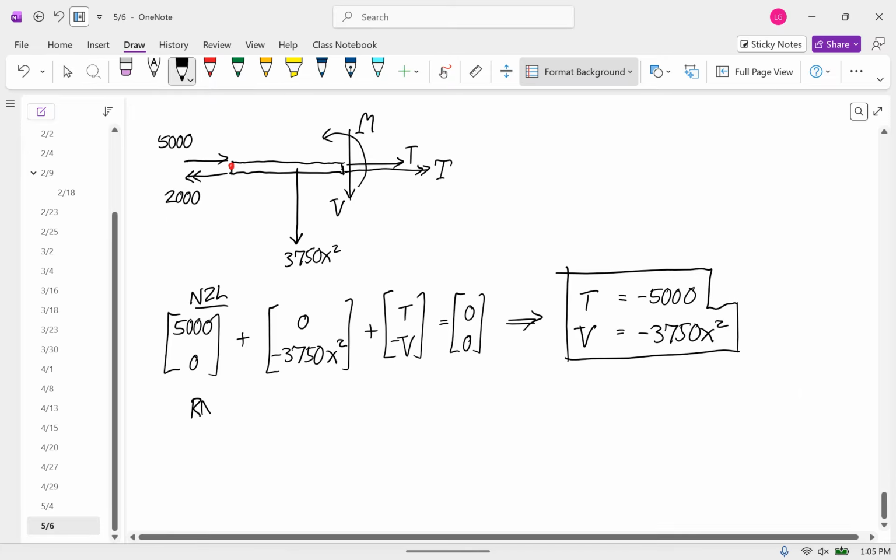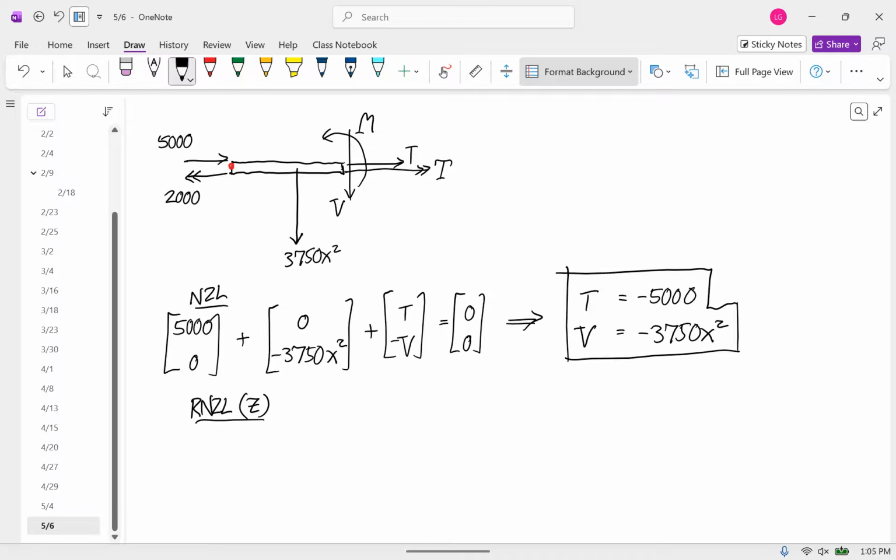And then the moment equation about the z-axis, we have negative moment arm of 2x over 3 times the force of 3,750x squared, plus M, minus Vx is equal to 0.